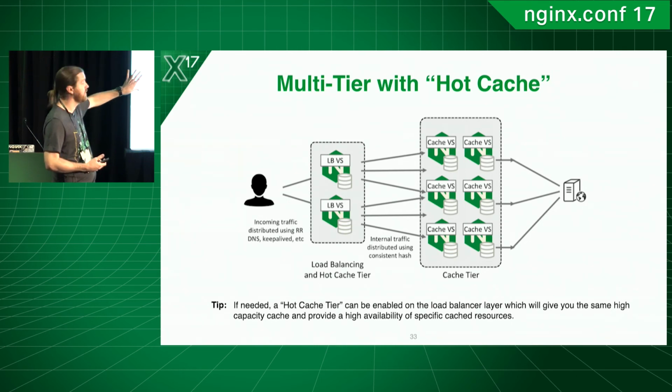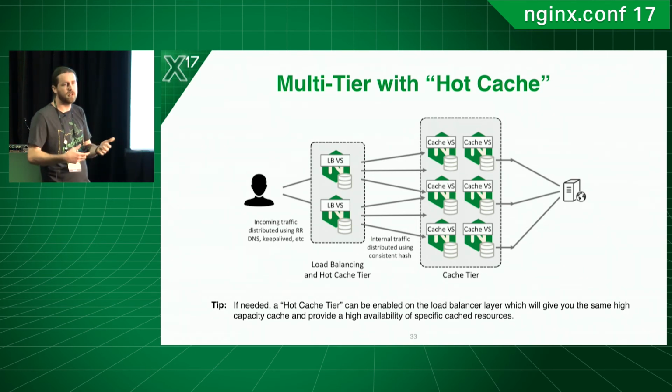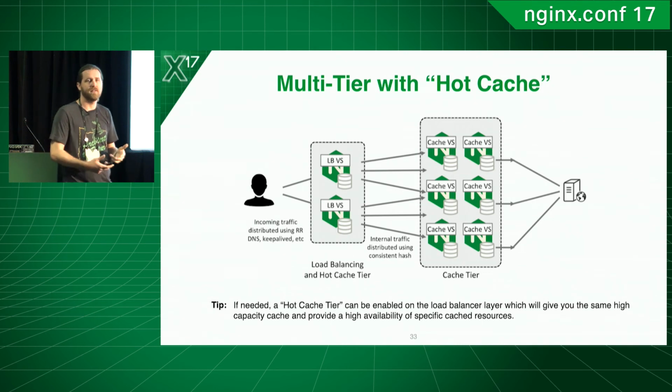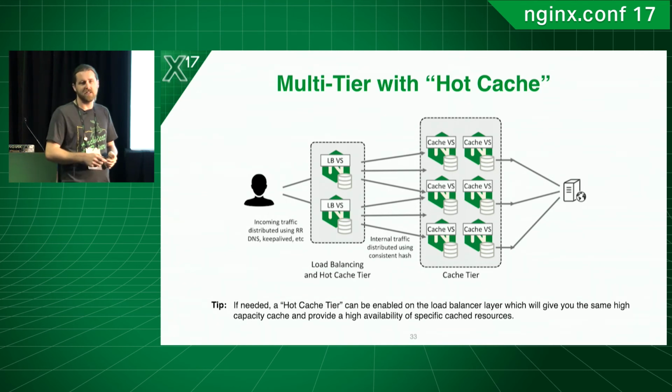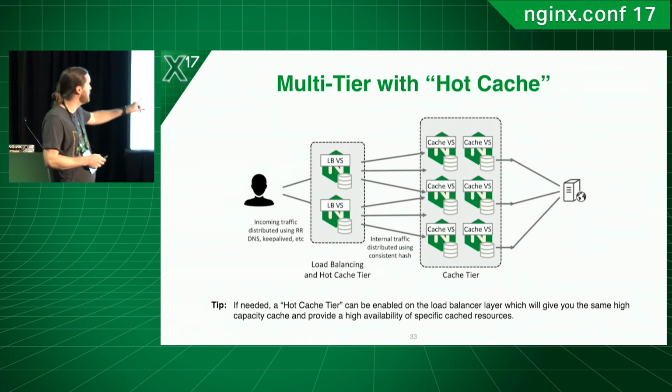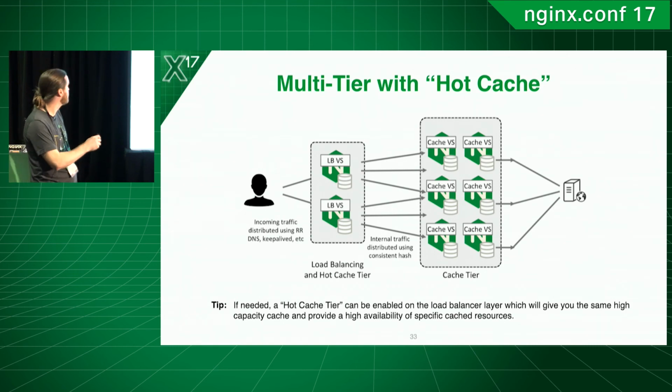You could have that in your load balance tier, and then you still would have this separate cluster on the back handling long-term, large files, video, stuff like that. So the options are endless with NGINX in that sense. You can really do a lot of cool stuff with that. So you're still doing the consistent hash load balancing in this scenario, but you have access to the full NGINX configuration in both locations.